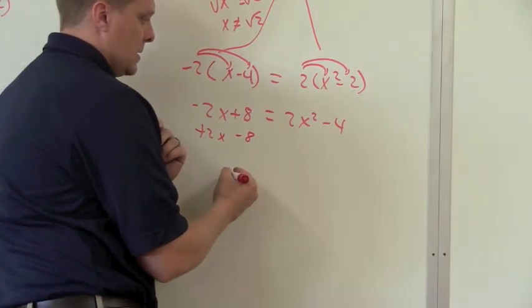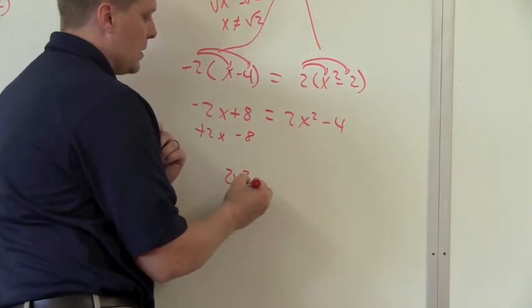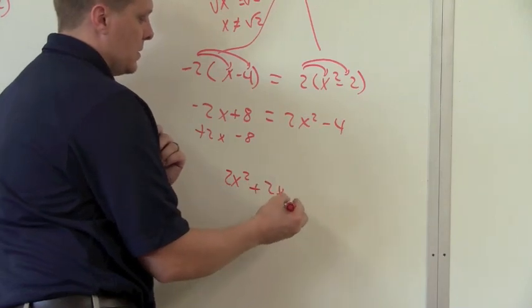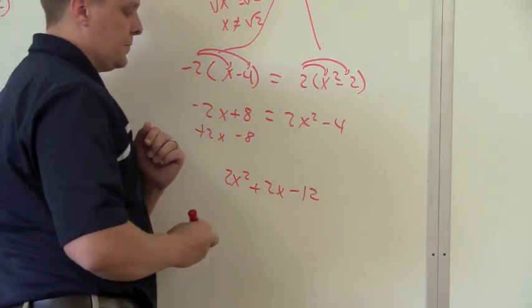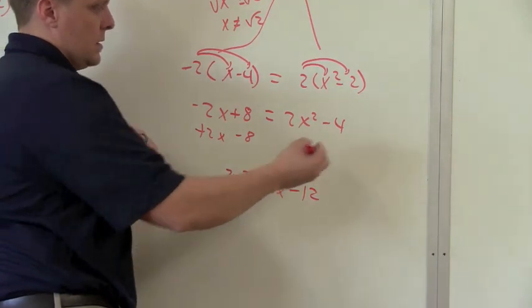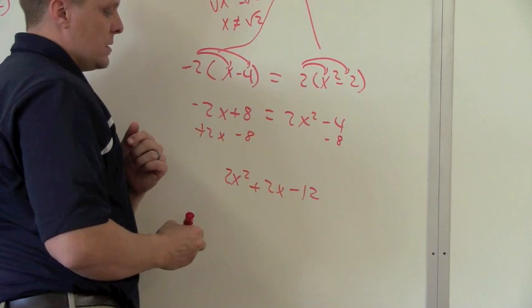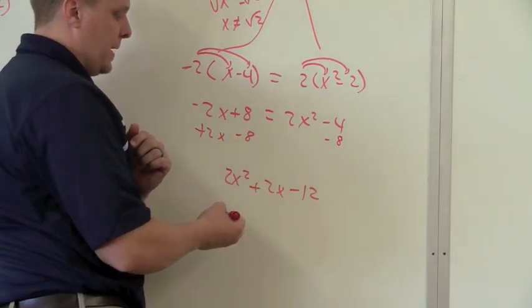What I get then is 2x squared plus 2x minus 12. That'd be a -8 here, and it's -12. Now I can reduce this whole thing by 2.